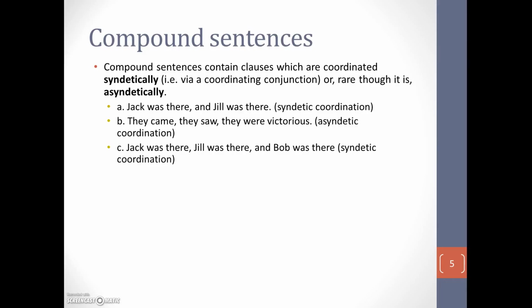If they are coordinated syndetically, it means that they occur with a coordinating conjunction in between, like in A here. We can also find compound sentences which are coordinated asyndetically. That means that the coordinating conjunction has been left out. It's not there. And we see an example of this in B.